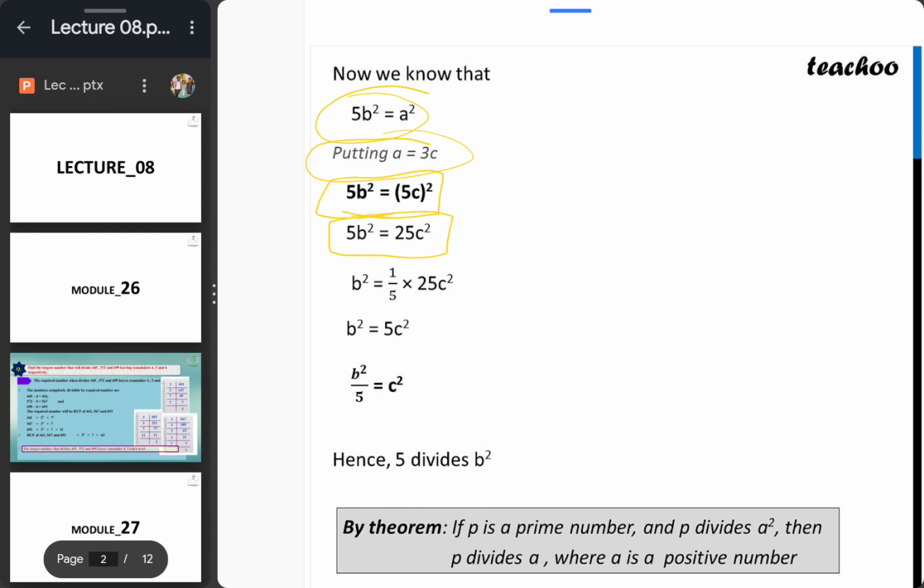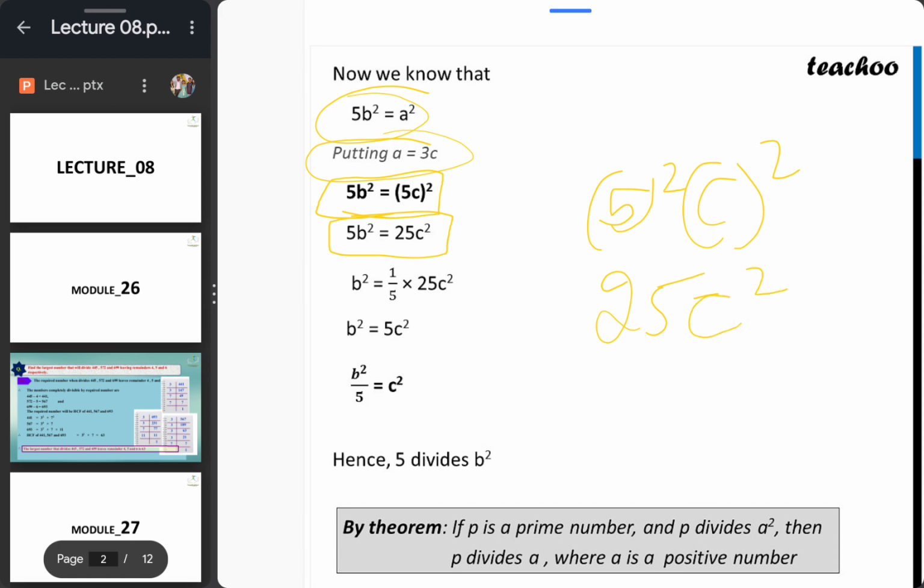Here 5c whole squared is 5 times 5 into c squared, which is 25c squared.